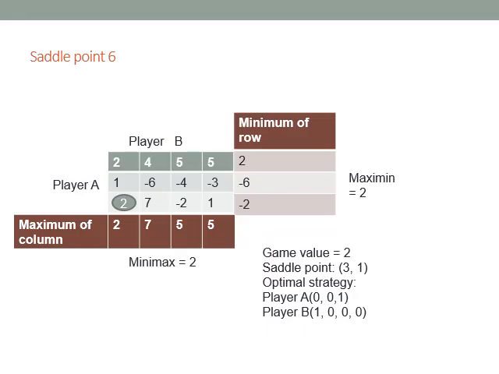Maximin equals minimax equals 2. That means the game value equals 2.